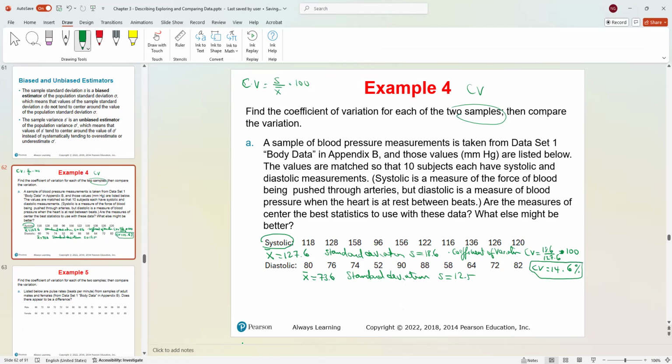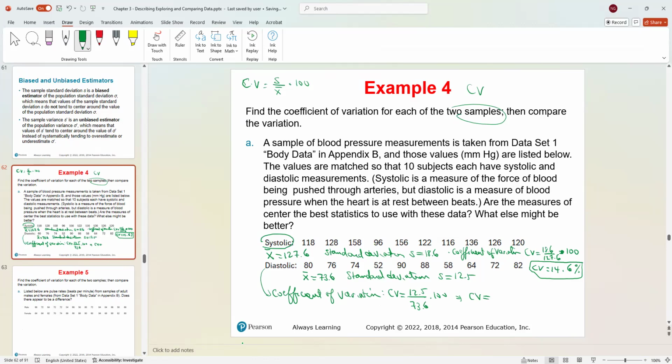And for the diastolic one, the coefficient of variation: CV equals S, which is 12.5, over the mean, 73.6, times 100 to express it as a percentage.